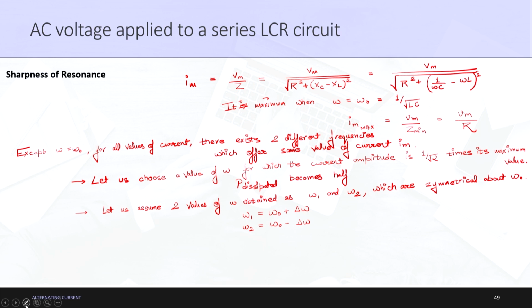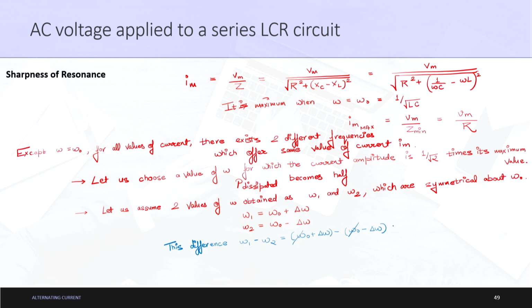Now, there exists a term, let me change the color. Okay. So, now this difference, that is omega 1 minus omega 2, will be what? It will be nothing but omega naught plus delta omega minus omega naught minus delta omega.